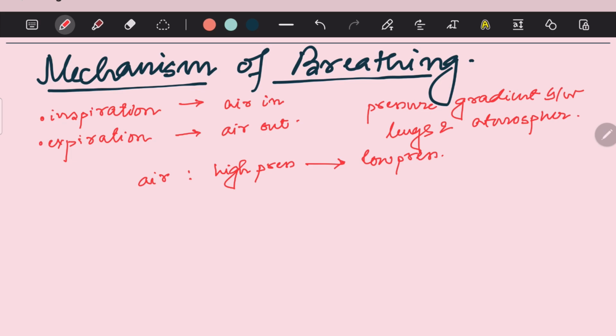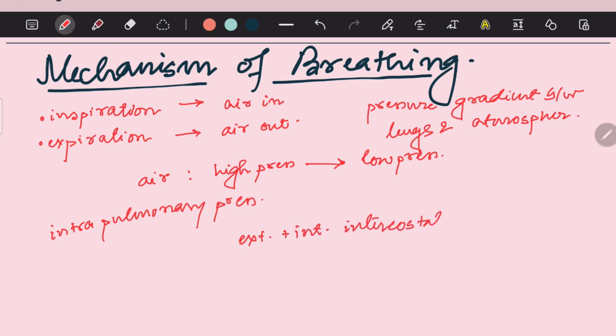Now, inspiration can occur if the pressure within the lungs, which is called the intrapulmonary pressure, pulmonary meaning lungs, is less than the atmospheric pressure. Whereas expiration takes place when the intrapulmonary pressure is higher than the atmospheric pressure. Now, as I said, the mechanism of breathing is carried out by a set of muscles which include the external and the internal intercostal muscles.